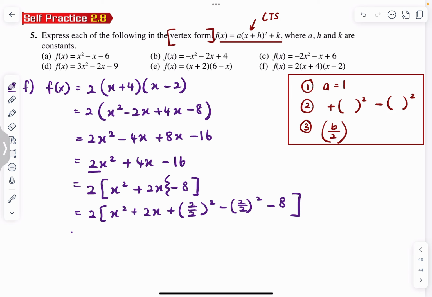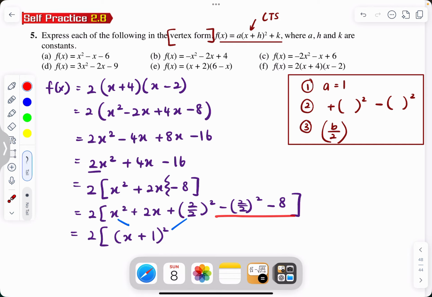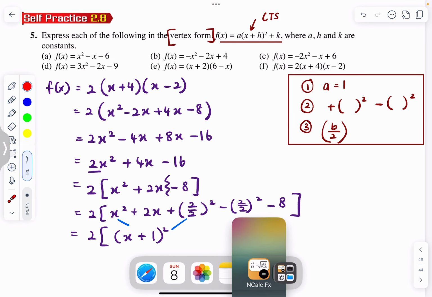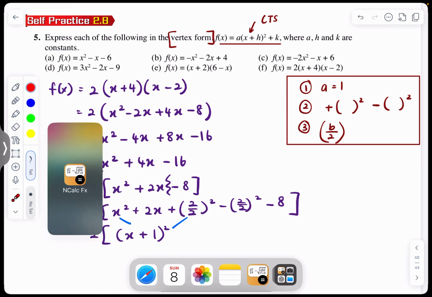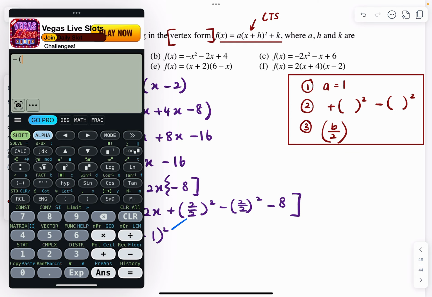Okay. And then this and this will come together. So this will become x plus 2 over 2 is 1, so I write 1. And then this whole thing, you can put it in your calculator. So negative 1 square minus 8 is minus 9.